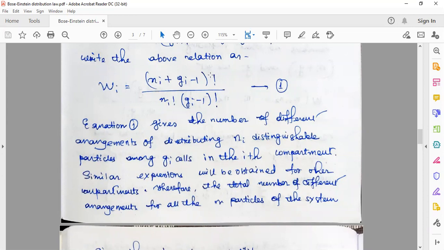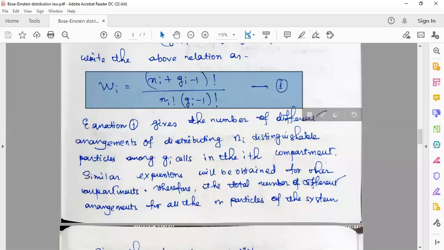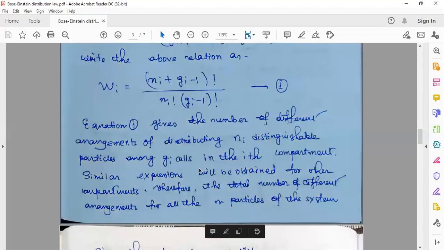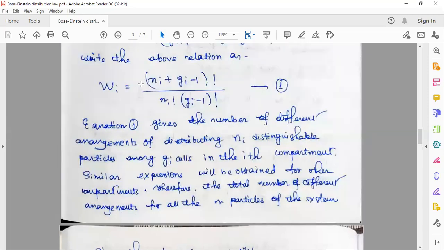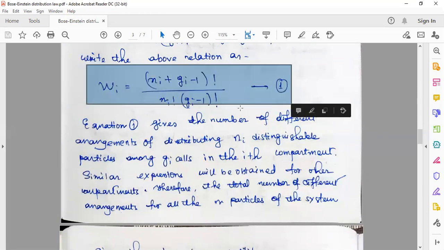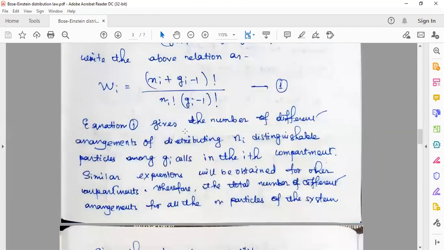This one is for the ith compartment, how ni number of particles can be distributed in gi number of cells. Similarly, other compartments can be worked out.